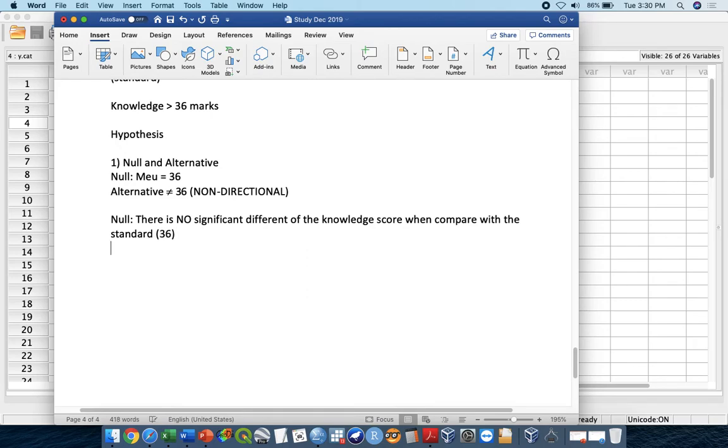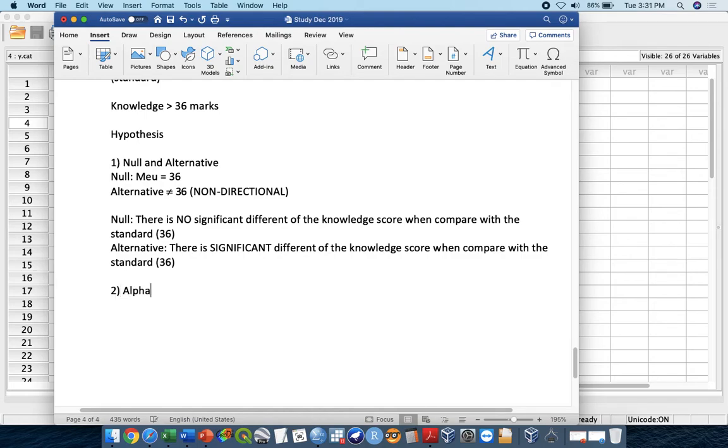What about our alternative? There is significant difference of the knowledge score. Since I am lazy, I'm just going to copy this one and paste it accordingly. So this is the first step. You must be able to understand the statistical step and the wording step. The second step will be alpha.